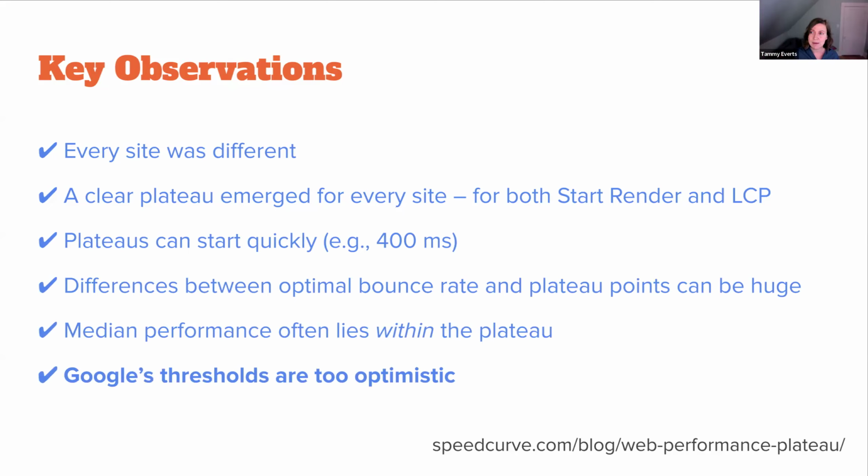You might be sandbagging yourself and leaving some opportunities on the table. Because as I said before, when Google's saying 2.5 seconds, but you can see that actually your best bounce rate is at 400 milliseconds, by the time you're content with serving people this 2.5 second experience, you are missing some really clear opportunities to make your users happier and possibly help your business.